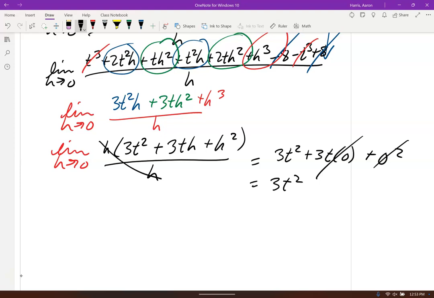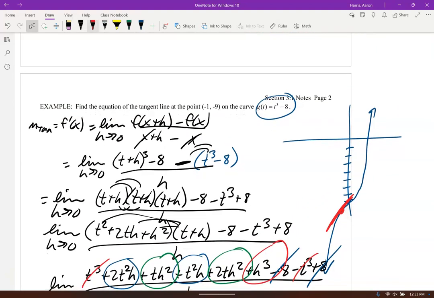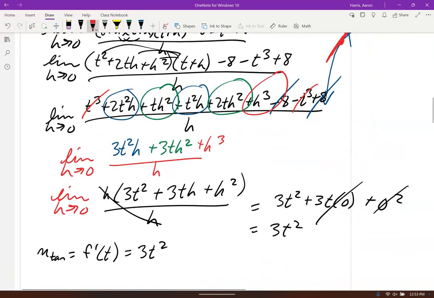So let me go over here. So f prime, and I'm using x's. So the slope of the tangent, I'm using t's, is f prime of t instead of x, is 3t squared. Now remember, we wanted the slope at that point, which was (-1, -9).